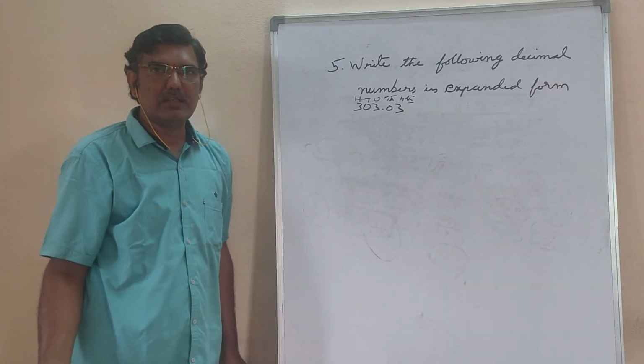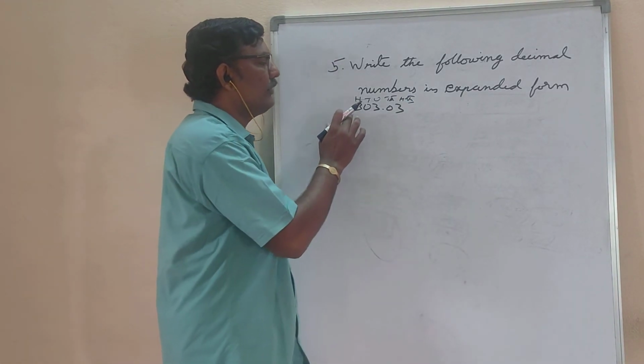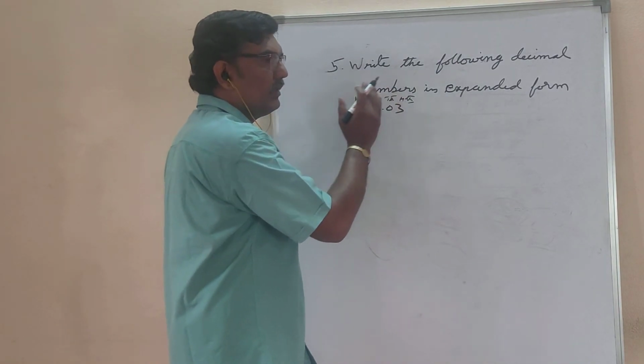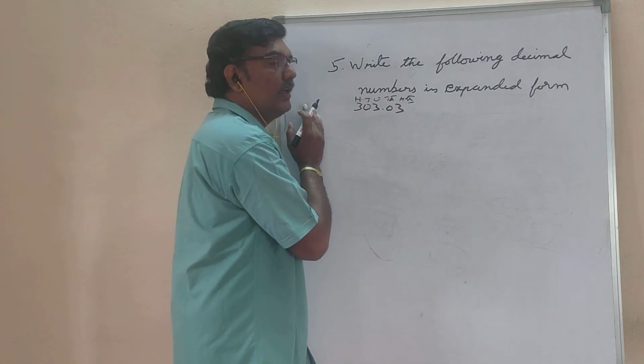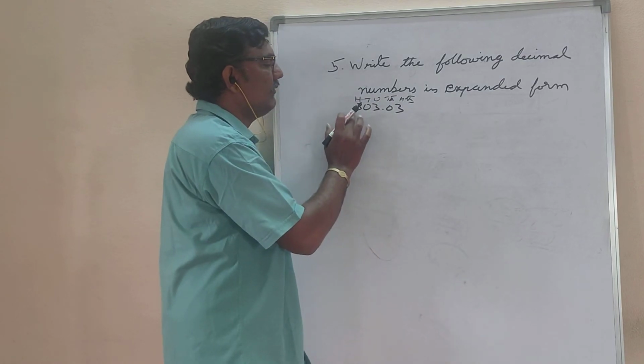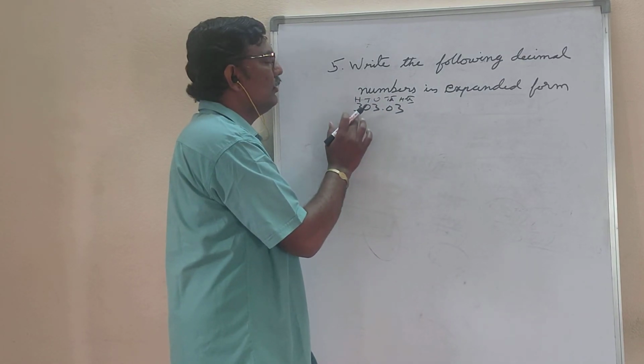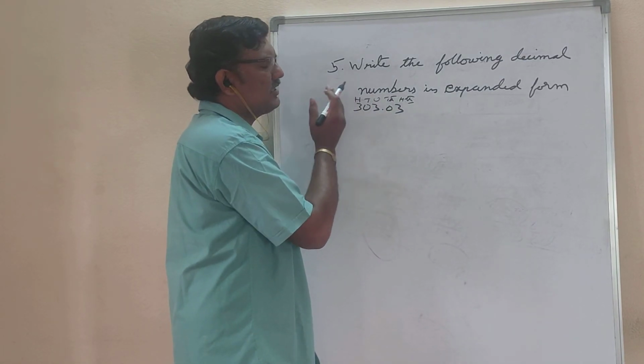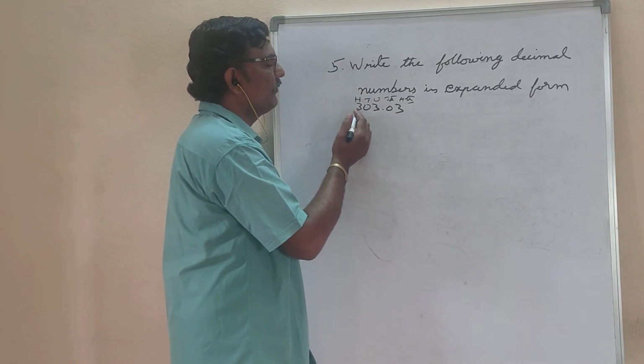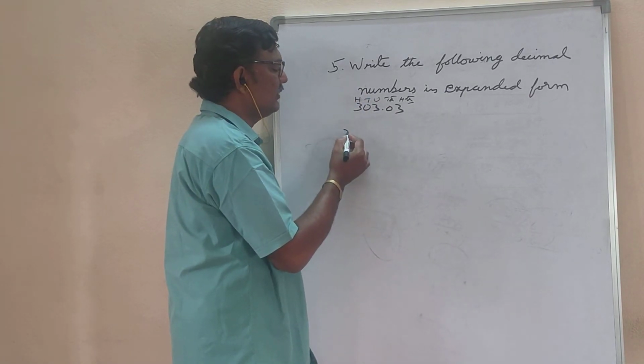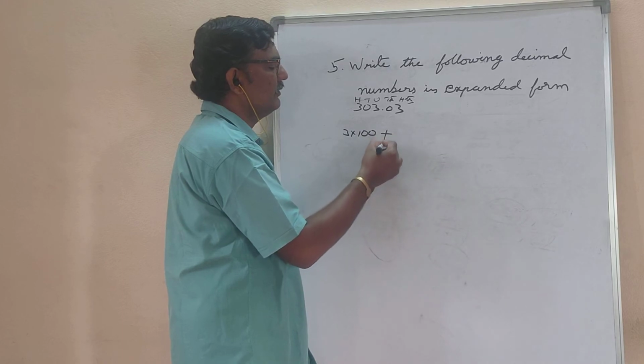In expanded form you have to go from left to right. The leftmost one is 3, in the hundreds place, so I write 3 into 100.